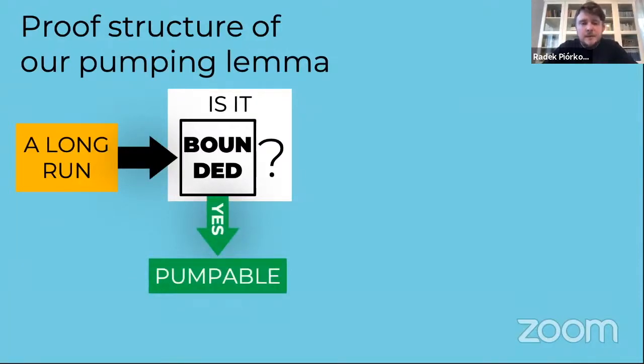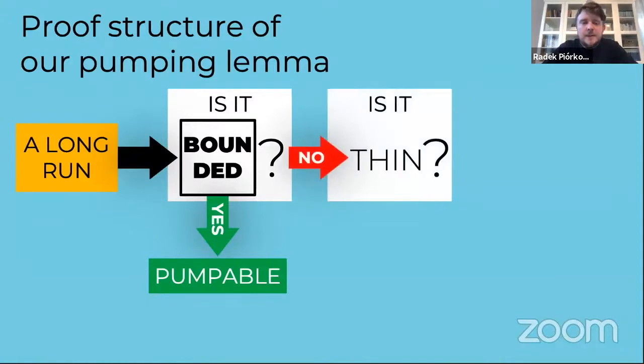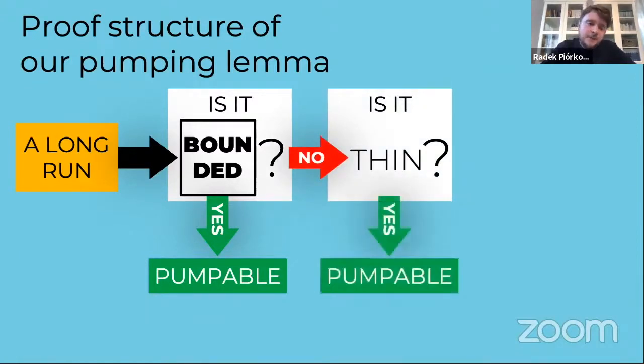But if it's not, we ask one other question, is it thin? If it is, we use our lemma for pumping thin runs. And if it's not, by using our theorem, we infer that it's actually thick.